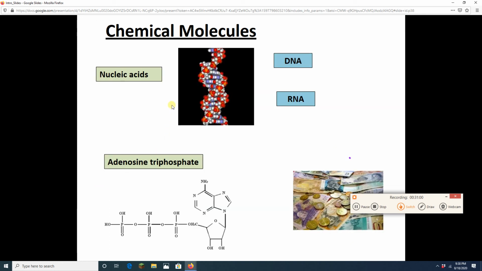Nucleic acids, your DNA and your RNA, are made of nucleic acids. Adenosine triphosphate is similar to them, which is the energy currency of the cell. So we've got to be aware of all these chemical molecules. Now, obviously, this is not a biochemistry or even a cell biology class, so we're not going to spend a great amount of time on these types of things.